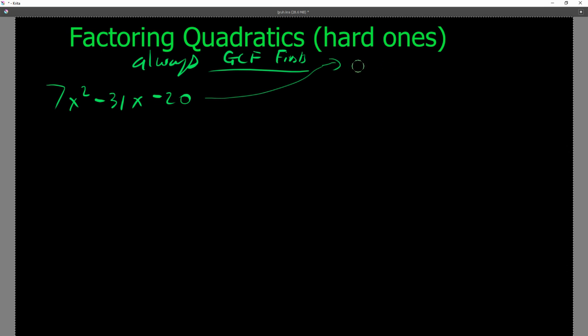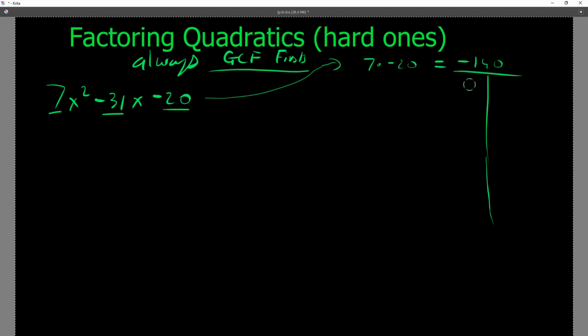In a quadratic, you guys know that this is A, B, and C, right? So I take A times C, which is 7 times negative 20, which gives me negative 140, right? And then I do a little T-chart, and I'm going to list all the factors of this number.